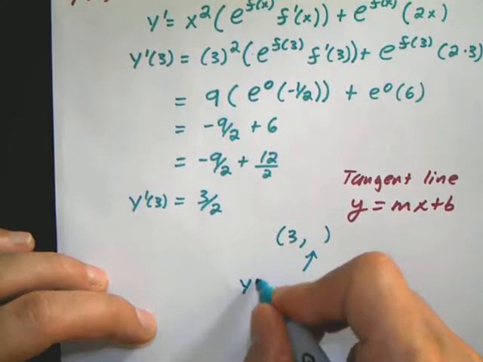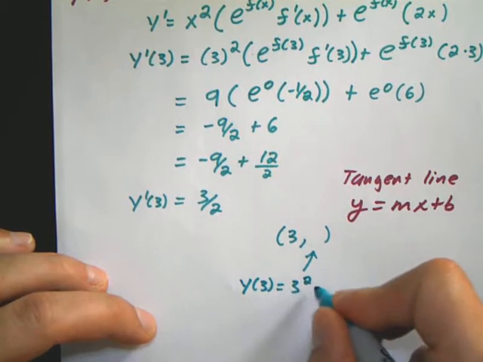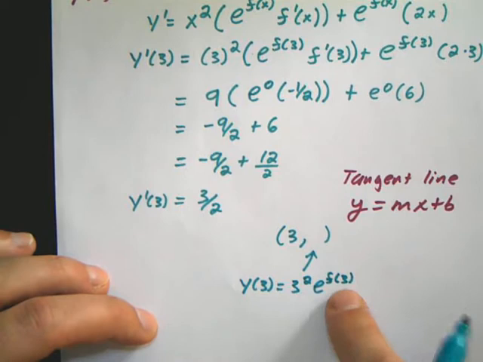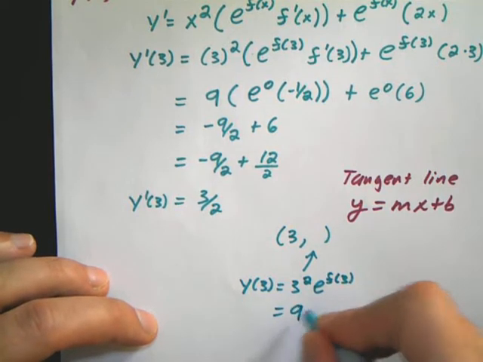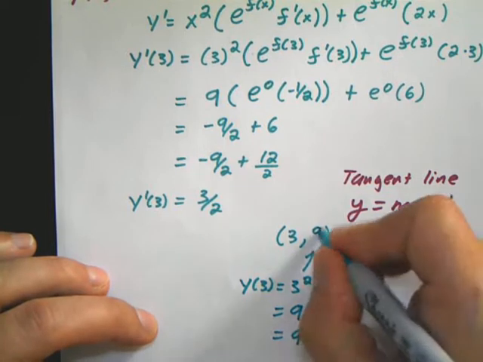So y of 3 is going to be 3 squared e to the f of 3. f of 3 is going to be 0, so 9 times e to the 0, which is equal to 9. So my y-coordinate is 9.